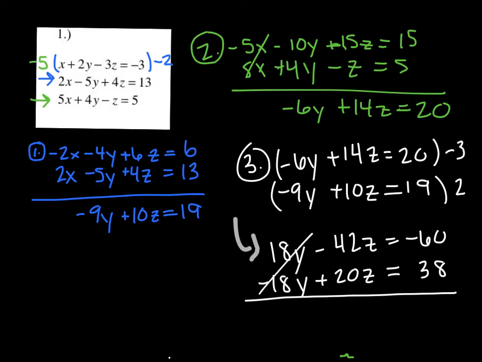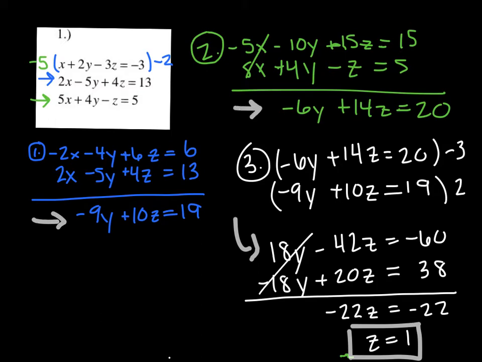So add them up. Y's eliminate. Negative 42 and 20 gives us negative 22z equals negative 60 and negative 38 is negative 22. So divide by negative 22 on both sides, and you get z equals 1.